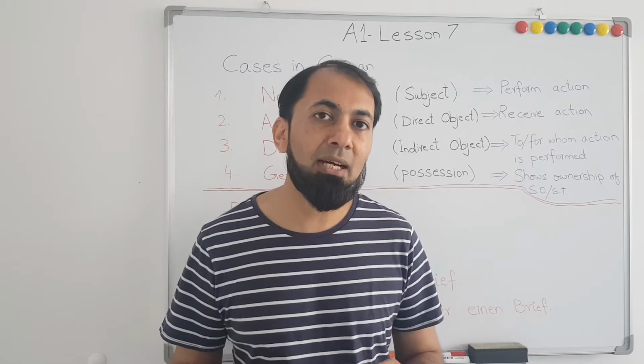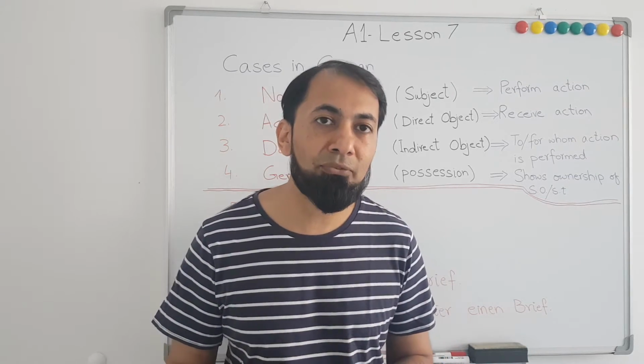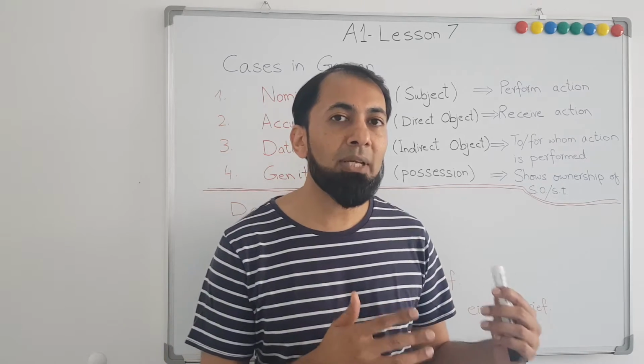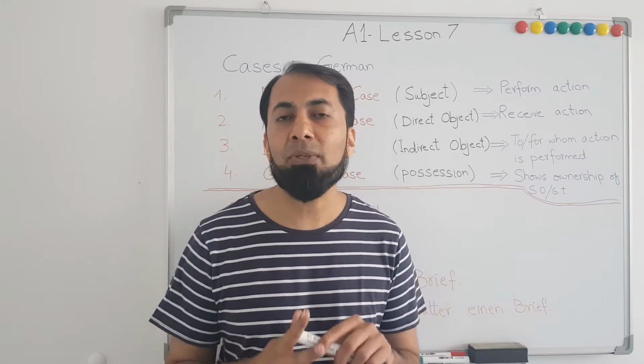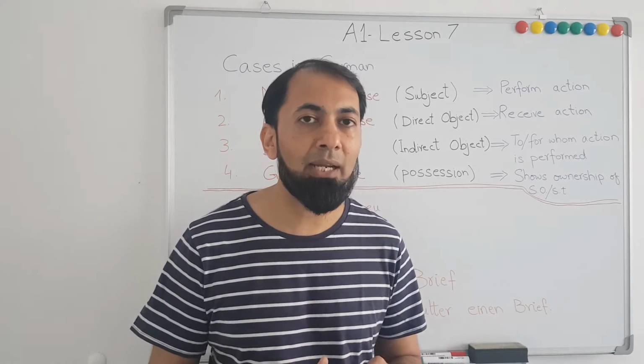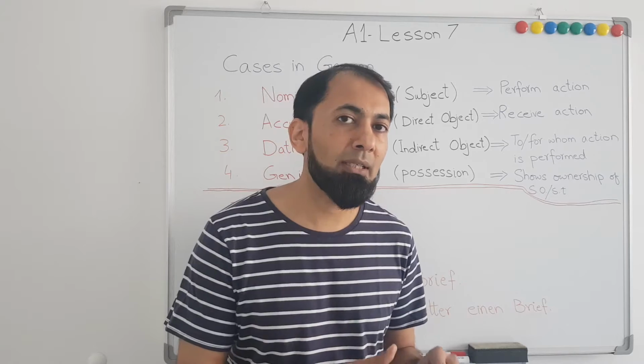So before we start, we know that in each language there are different components when it comes to a sentence. In one sentence we may have one component subject and one component verb, or one component adjective.